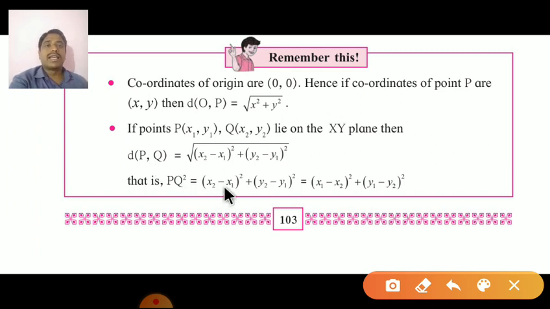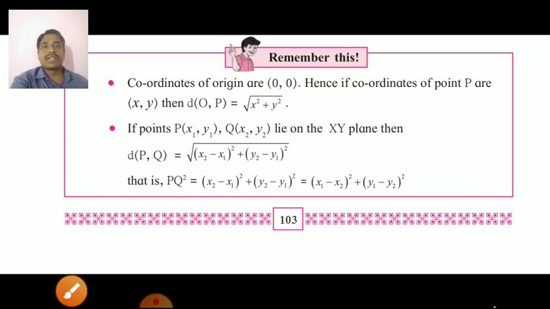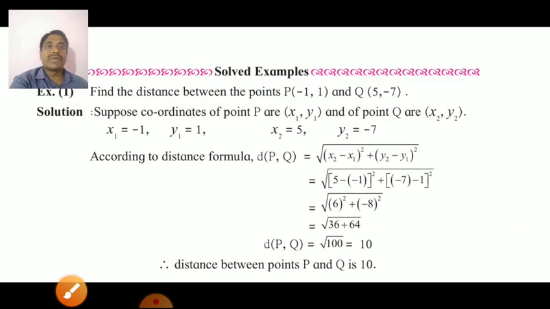Remaining is (x2 minus x1) square plus (y2 minus y1) square, or (x1 minus x2) square plus (y1 minus y2) square. So the distance between P and Q is the square root of (x2 minus x1) square plus (y2 minus y1) square. In this way we solved some examples in the last video.